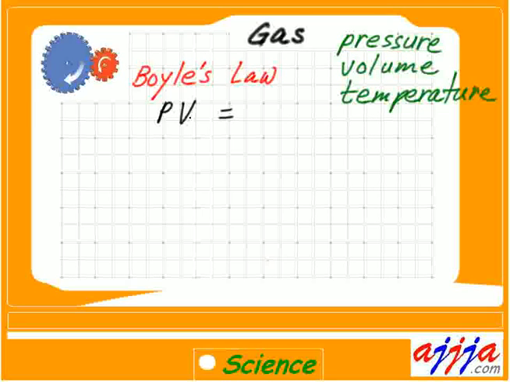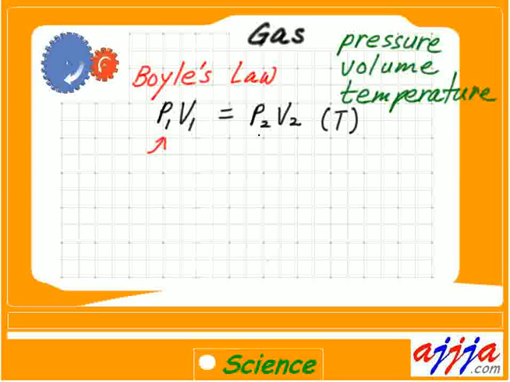Let's say first pressure is 1, first volume is 1. You multiply the first pressure and first volume, and we have second pressure times second volume, at constant temperature.